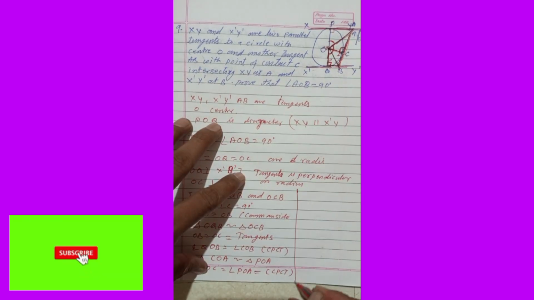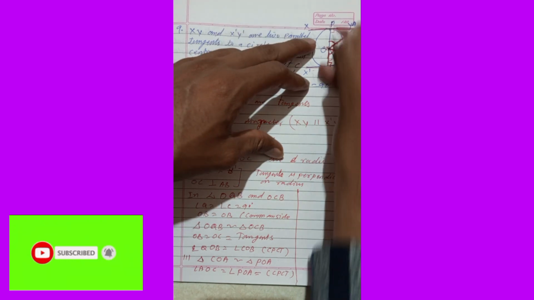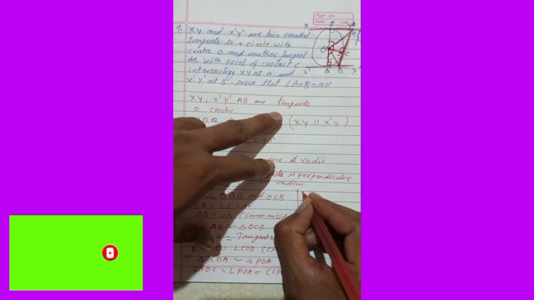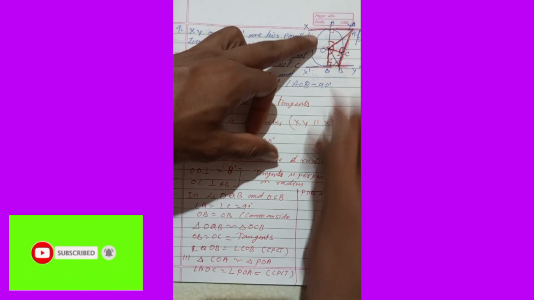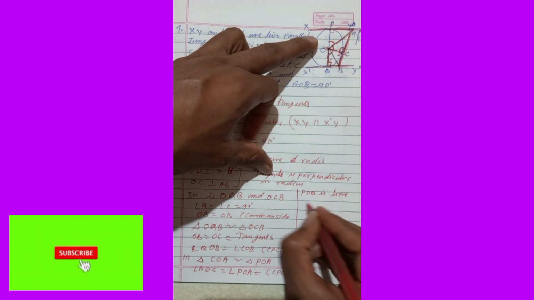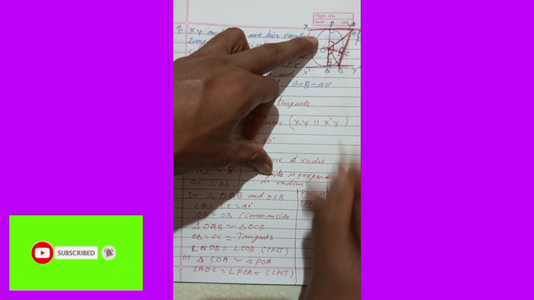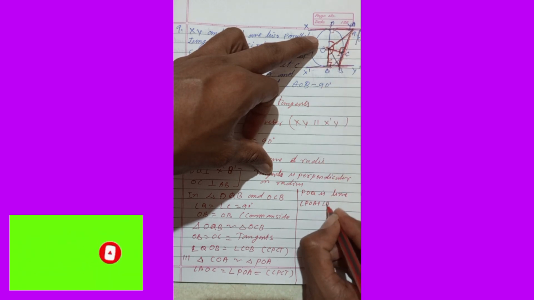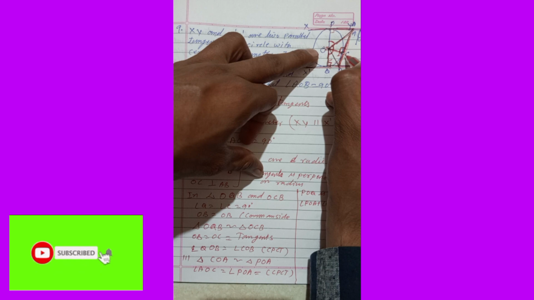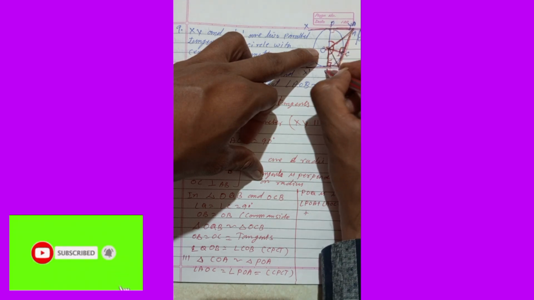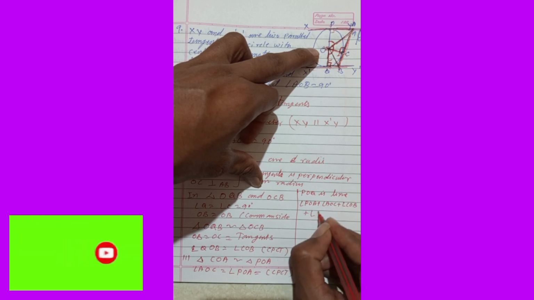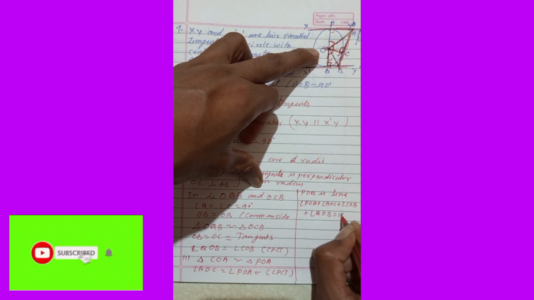Let's write another one next. POQ is a line. On that we can write angle POA plus angle AOC plus angle COB plus angle BOQ, that is QOB, is equal to 180 degrees.